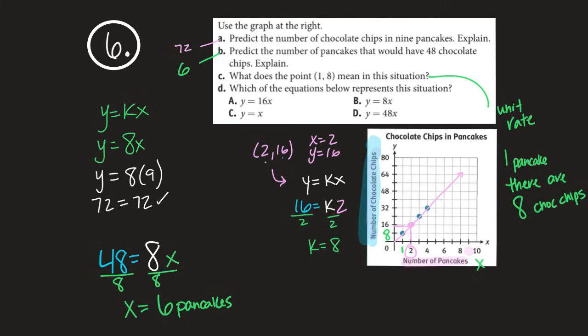And that's what the 8 means in this situation. And the last one says, which of the equations represents this situation? Well, we already figured that out, which was right here. So our answer is B.